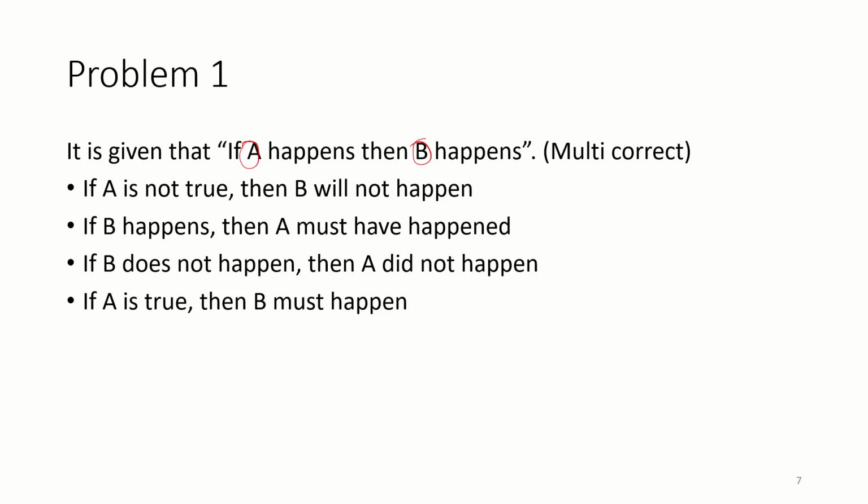You have to tell which of the statements would be true, and this is multi-correct, so multiple statements can be true. A good way to think is to consider A as some event and put it against this one, and C also. So the last two are correct.